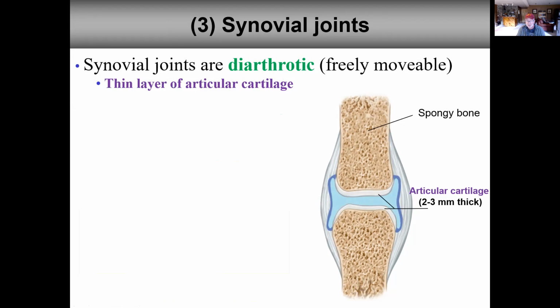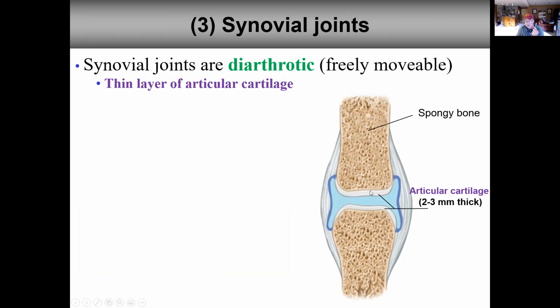The first of which simply reviews the fact that on the epiphyses, and the epiphyseal ends of these two bones, we have a thin layer of articular cartilage, which you know is which of the three types? Hyaline, right. And so a couple millimeters thick would be sort of the maximum thickness of this articular cartilage.